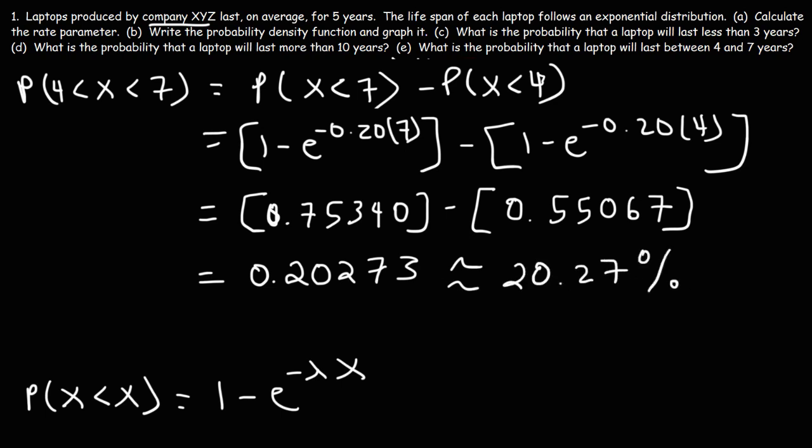Or we could say 20.3%. So there's a 20.3% chance that a laptop issued by company XYZ will last between 4 and 7 years. And so that's how you can solve a few basic probability exponential distribution problems.